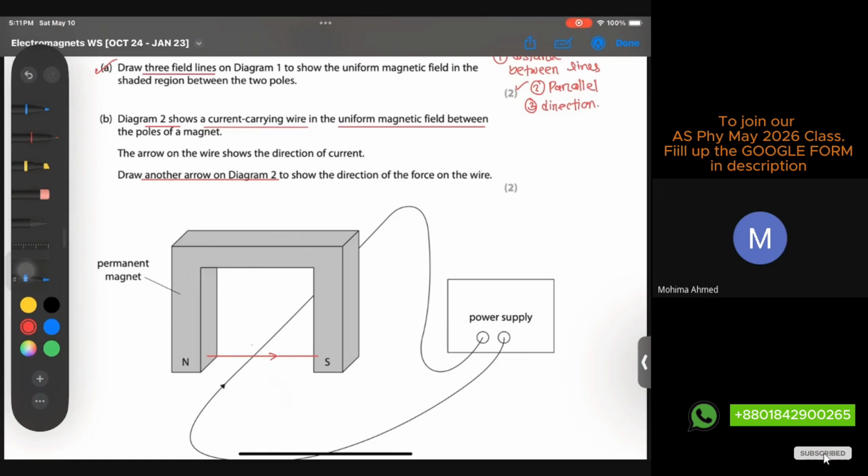So over here, you just have to draw a downward force. You don't actually need to draw this line in this case. You only have to show that we have a downward force acting on this wire. That's your downward force. Just label this as your force.